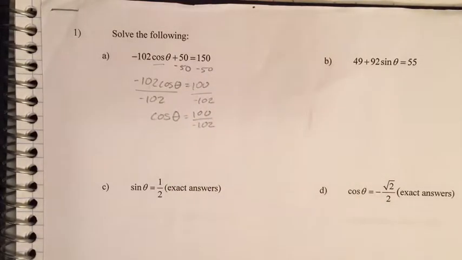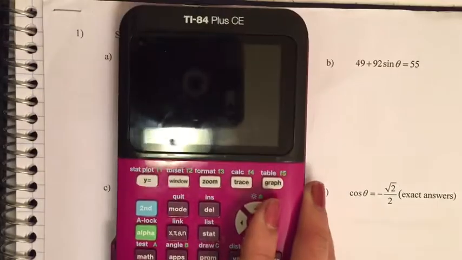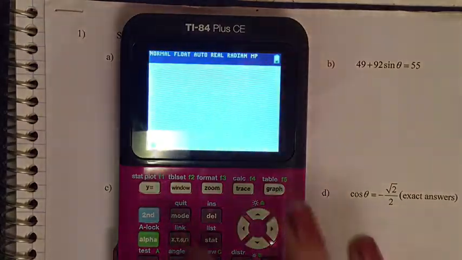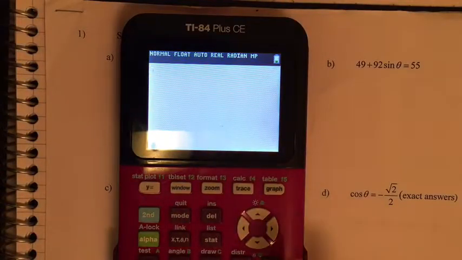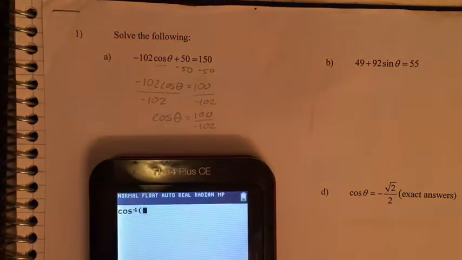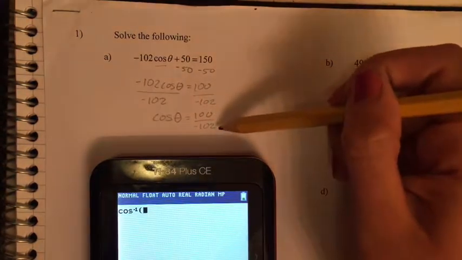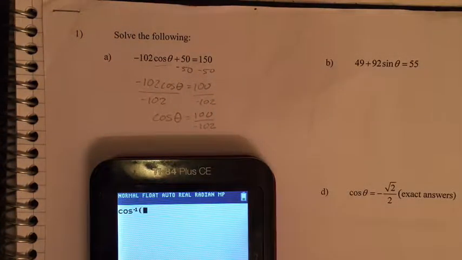So you're going to get your calculator and go second and get your inverse cosine. And then take this that you just found right here and plug it in.